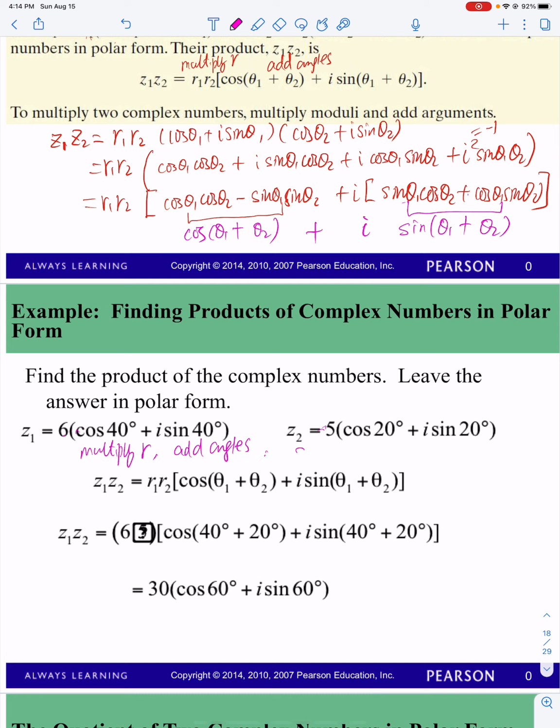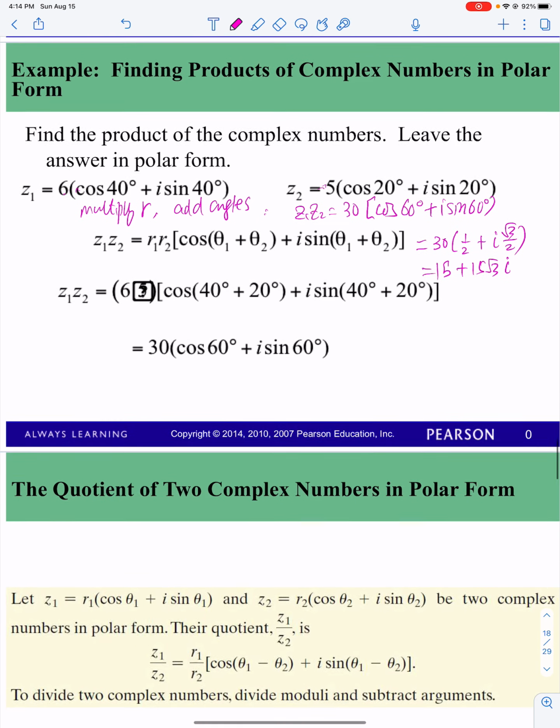Okay, so what will you have? z1, z2 is 30 cosine 60 plus i sine 60. Yeah? And because 60 is a special angle, you can even simplify. It will be 30. What is cosine 60? A half plus i square root of 3 over 2. Then you have 15 plus 15 square root of 3 i. We can even simplify. Yeah?